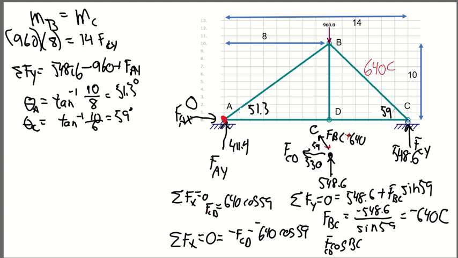Because it's a positive number, that means it's in tension. 330 in tension. Okay? So we got that. I think I've got space to do the next one because it's quick and easy. I can still do that here, and then I'll need another slide.